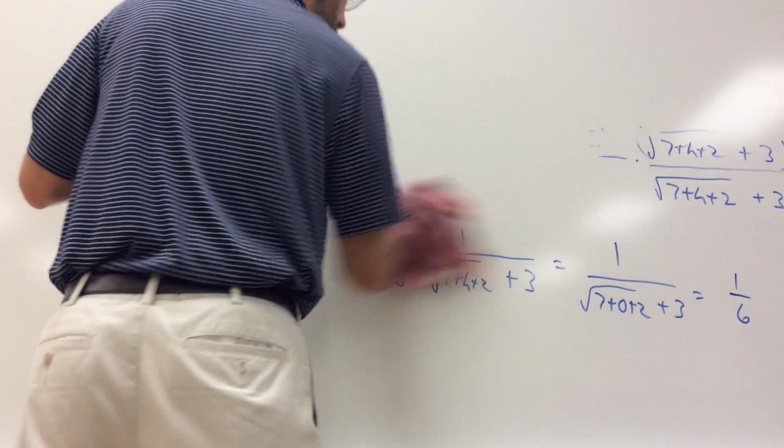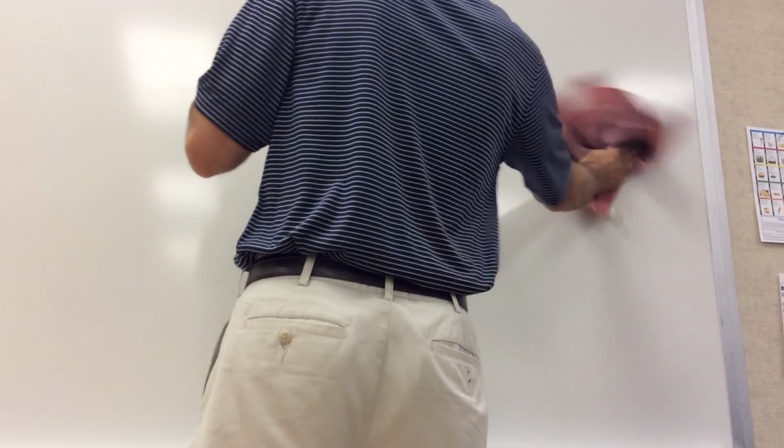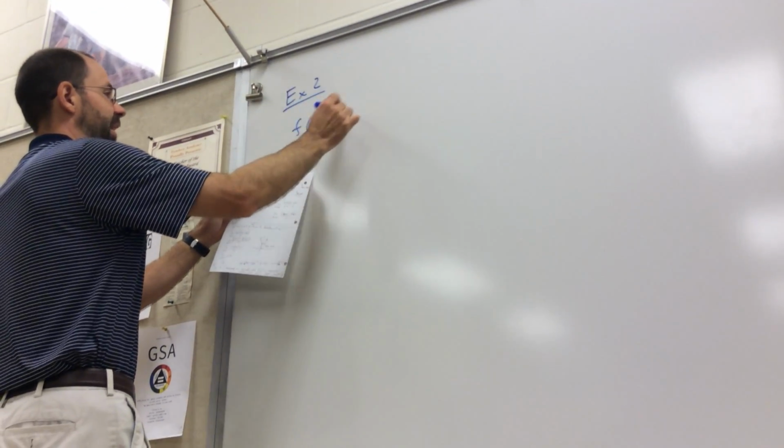Sometimes you want to know the slope of the curve at a bunch of points. Okay, so let's say I think I got another problem here. Yeah, this is example 2. Let's say f of x equaled x squared.